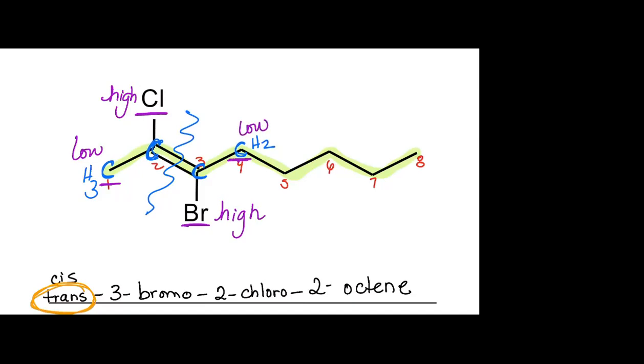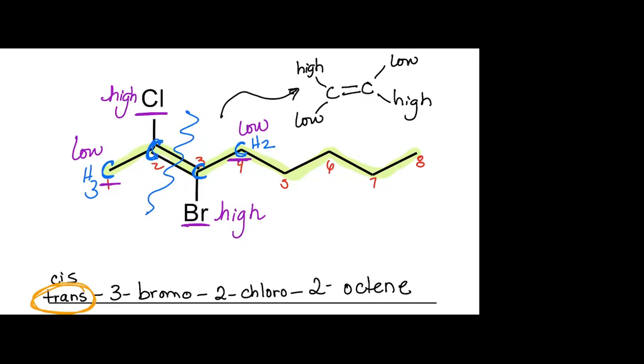So if I redraw this to make it more clear, we will notice that in that double bond for carbon 2 and 3, we have high here, low here, high here, low here. You guys see how the highs and lows are not pointing in the same direction?